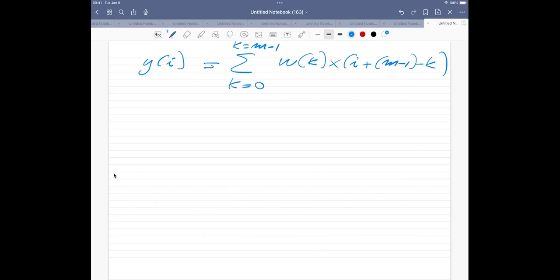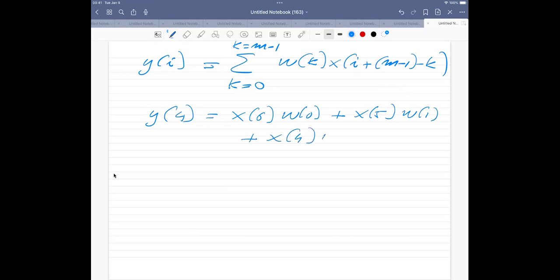So the parameters I end up with, if I now look at the case y equal to 4, are given by x6 times w0 plus x5 times w1 plus x4 times w2, the original ones.